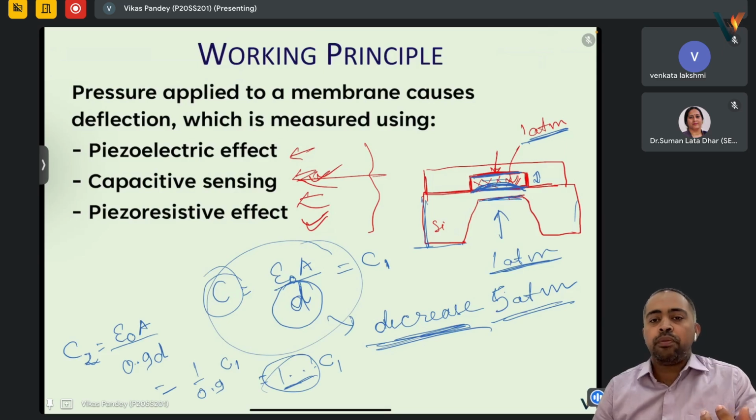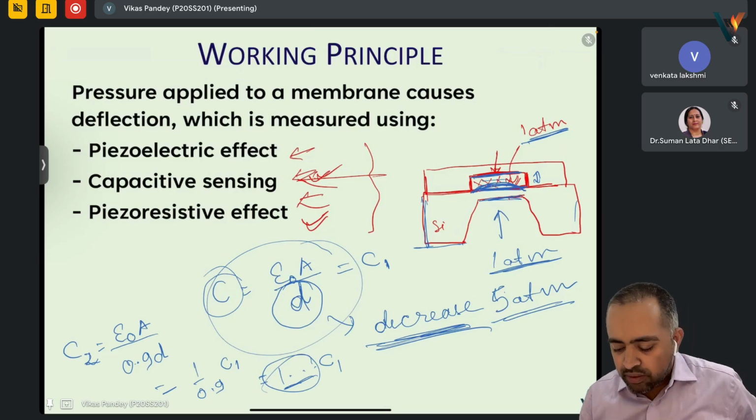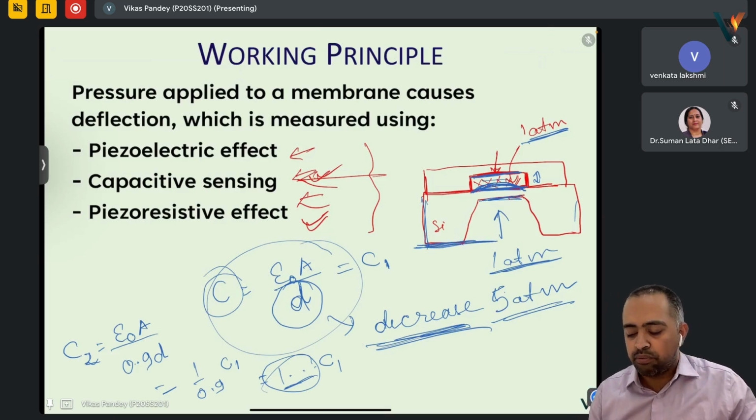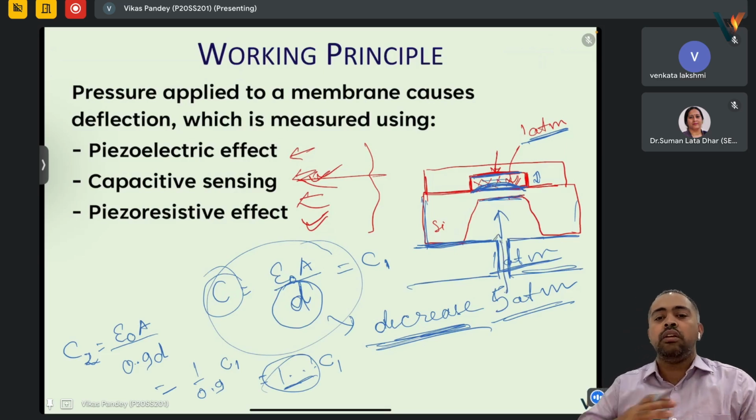So it is made so that it does not break easily. The whole membrane is covered and just an opening is left so that the pressure will enter through here, with less disturbance.